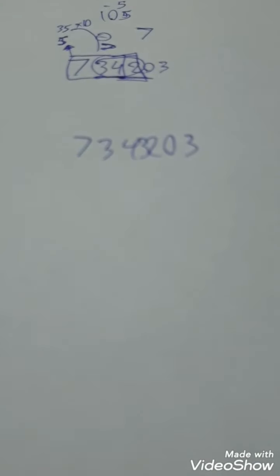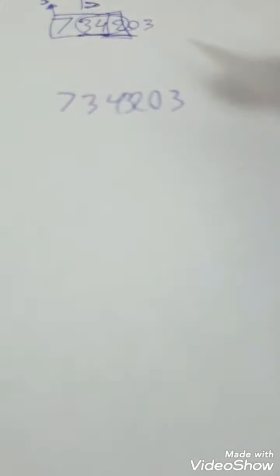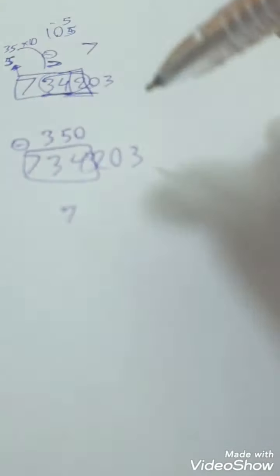Must be a 3 here, sorry. So we will continue and use the next three digits. Multiply by 70. This will give us what? 350. So we will minus. This will give us what? 7. And we'll continue here.